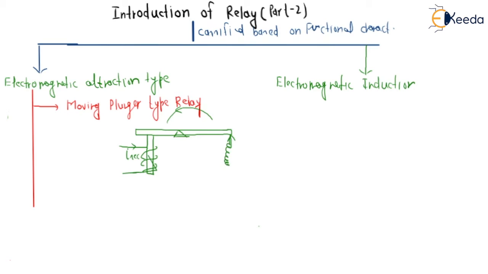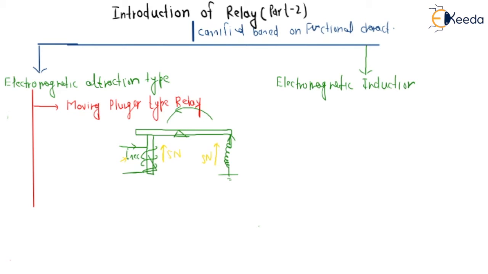In general, both forces will be the same. At normal condition this will be 5 Newton and this will be 5 Newton. When the fault occurs, this I secondary will increase, and this will put more than 5 Newton, that is 6 Newton or 7 Newton.